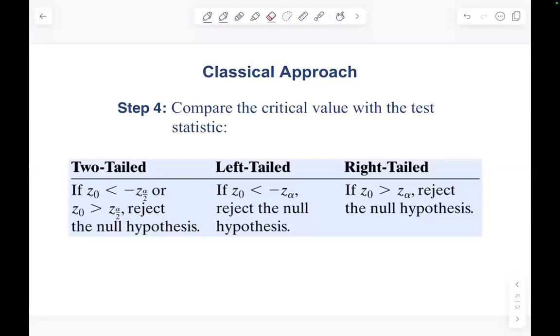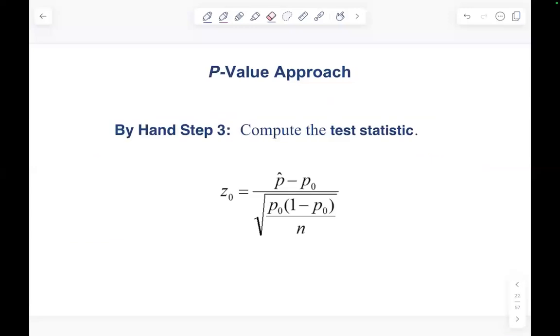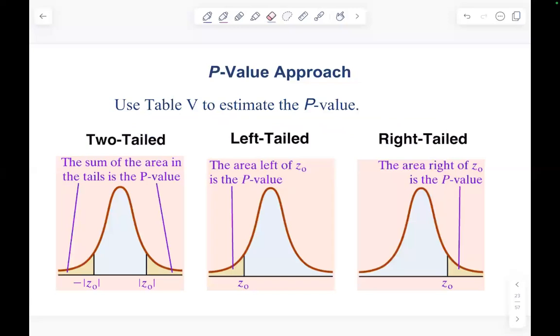We have the p-value approach also. The p-value approach is very similar. However, we're going to be finding the probability of our value based on alpha. So a p-value is just a probability. If our probability lands us into those regions, then we reject the null hypothesis.